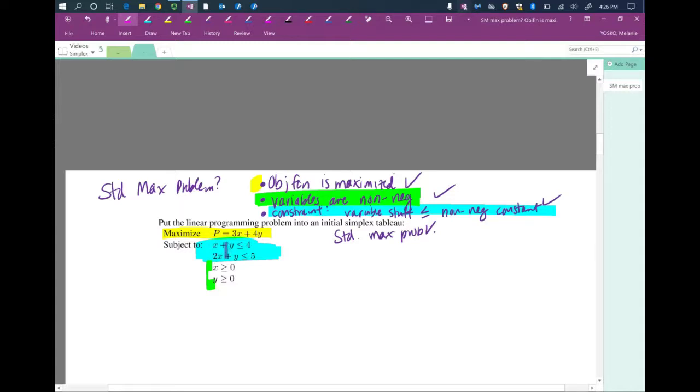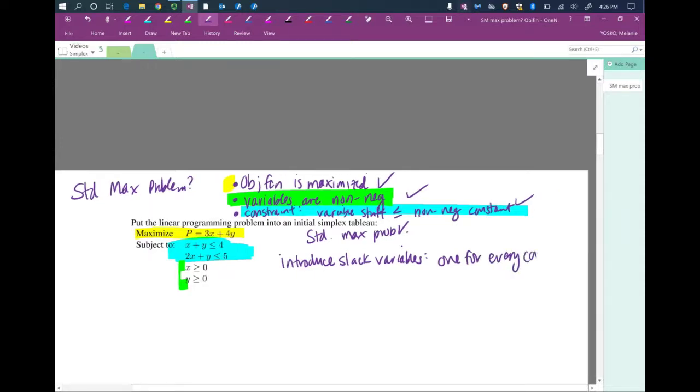But the constraints will go, and so will the objective function. So we're going to introduce slack variables. We're going to get 1 for every constraint. Slack variables pick up the slack. They help us change an inequality to an equality.